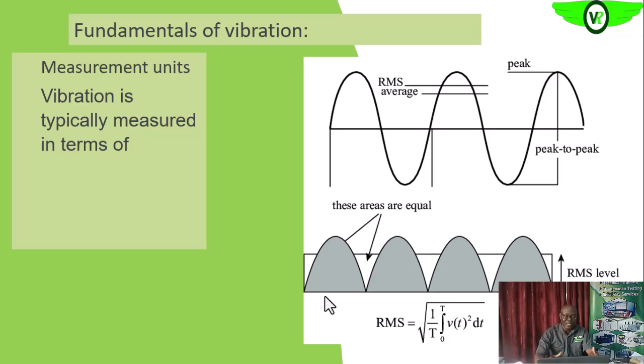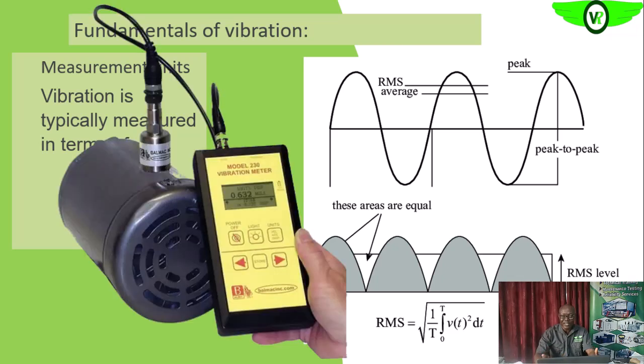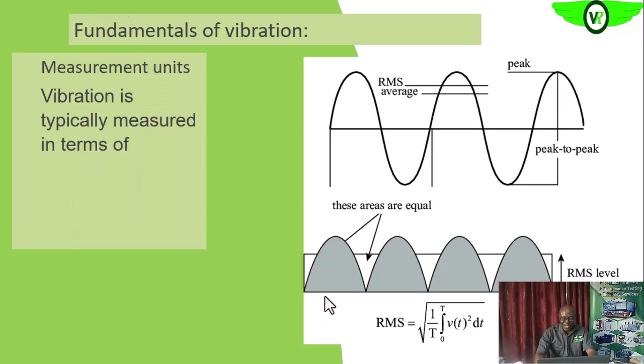And remember that when we go with a handheld vibration instrument into the plant, what we get from that instrument is the overall vibration, the amplitude of vibration of the particle on that spot where we are taking the reading.